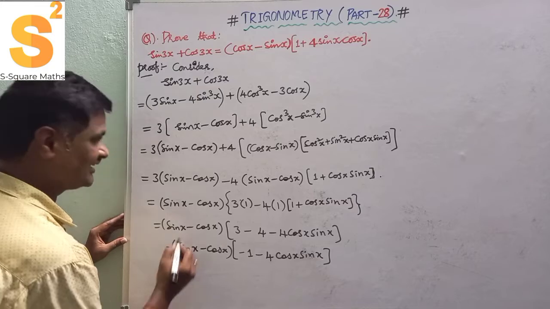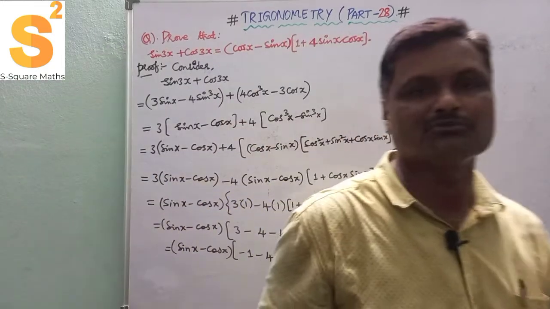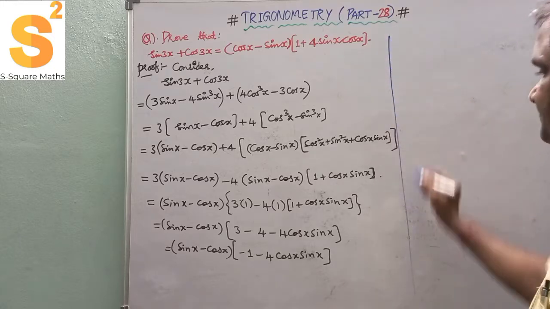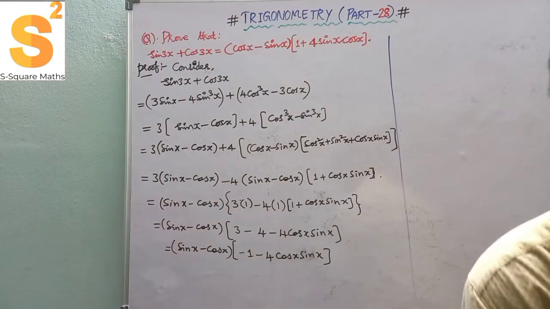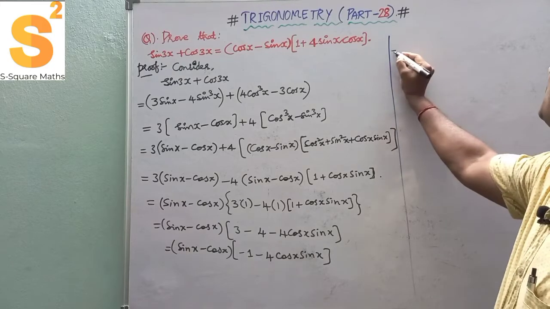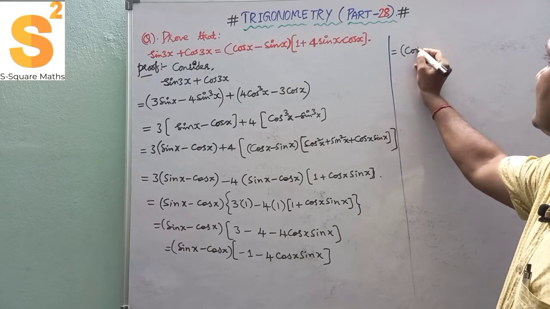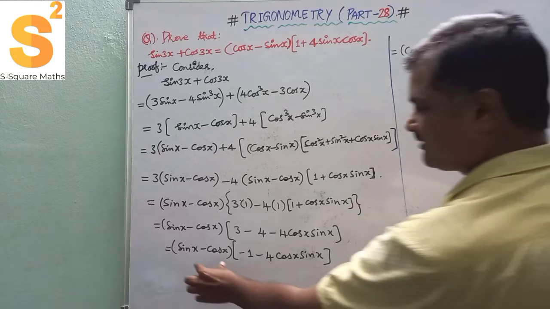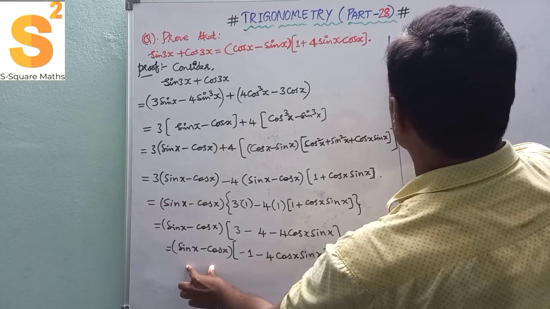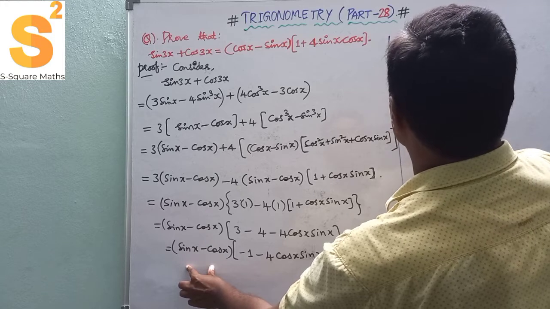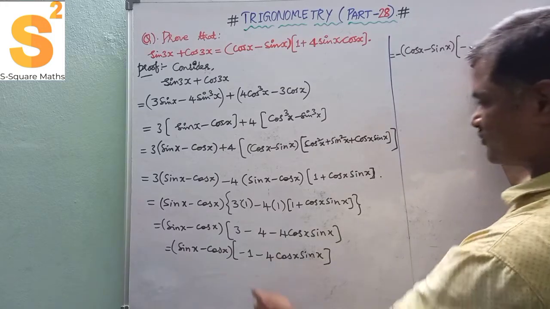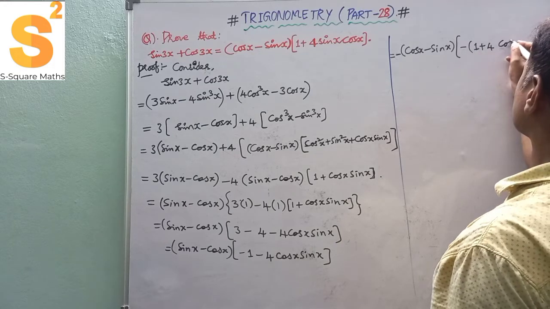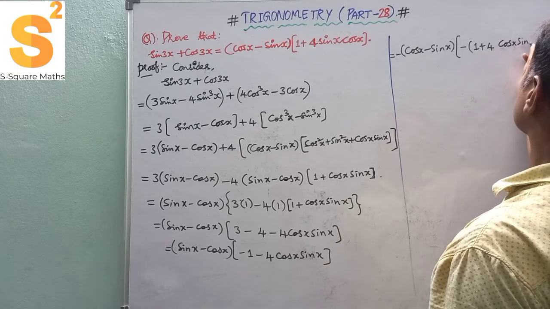So nothing but here, this part I am writing, the important part of the problem. Nothing but here cos x minus sin x, because I have taken minus common, so that I will write here minus of, and the leftover again minus common, I can write here 1 plus 4 cos x into sin x.